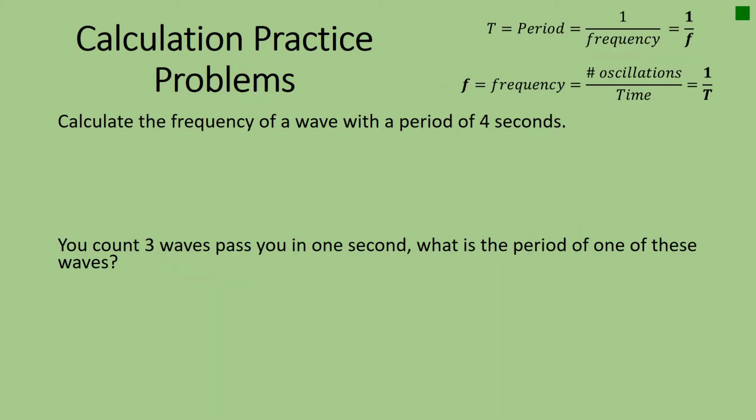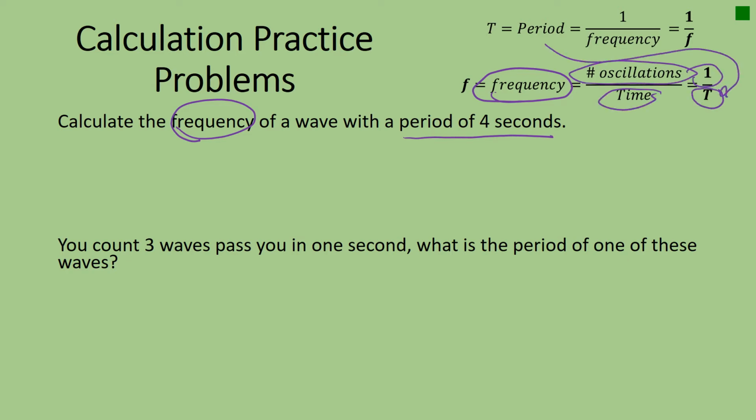All right, so let's do some calculation problems using these formulas. So this first one is calculate the frequency with a period of 4 seconds. So I know I need to solve for frequency, and I'm going to either do number of oscillations over time or 1 over T, which is my period.